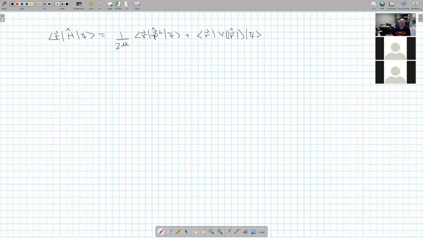Now, using what we just did here, this is actually equal to minus h bar squared divided by 2 mu times partial r squared plus 2 over r partial r, times r psi, plus 1 over 2 mu times r L squared psi, and then finally plus r V of r magnitude psi. So overall, this is what my Hamiltonian is going to become.